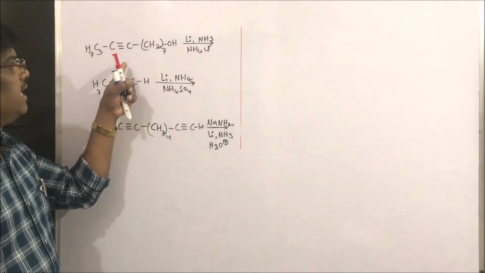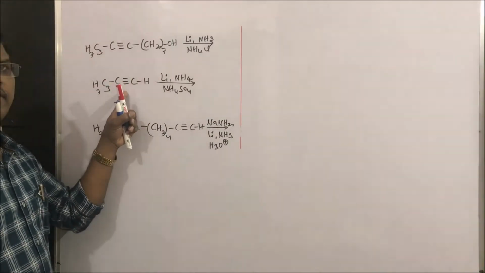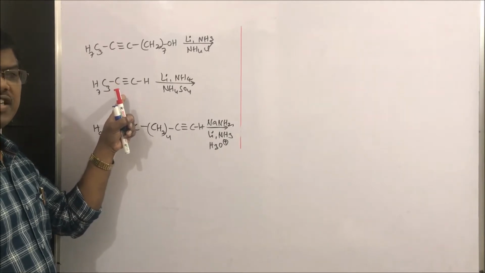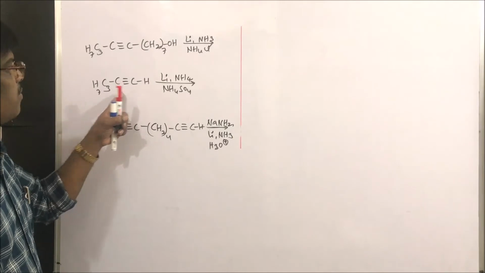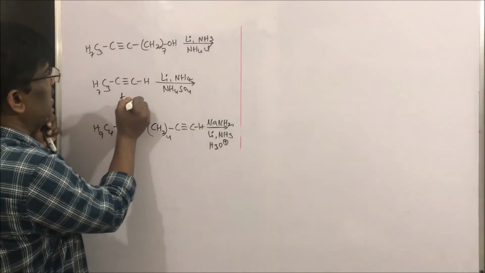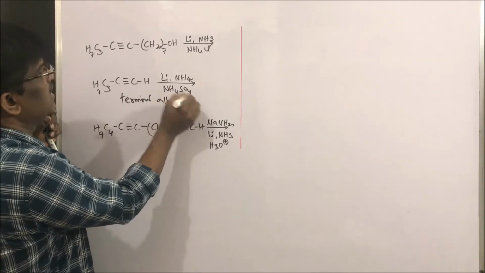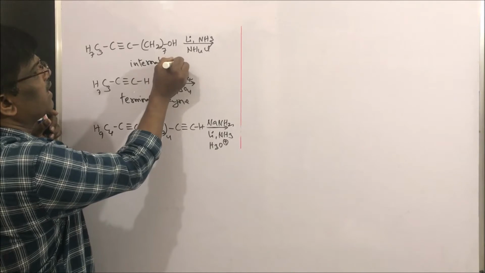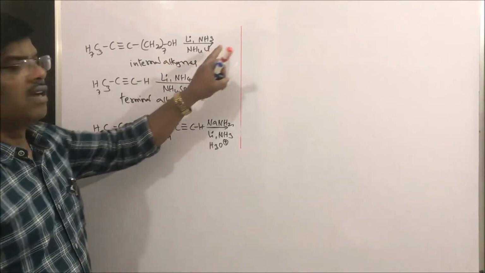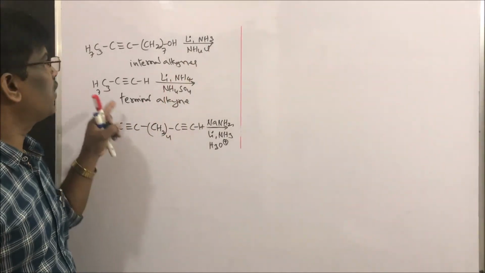So it is an internal alkyne. This is a terminal alkyne. Terminal means the alkyne group is at the end of the chain. This is an internal alkyne. Under the usual metal in ammonia followed by ammonium chloride or ethanol, what are we going to get?